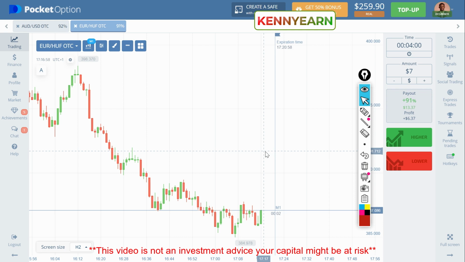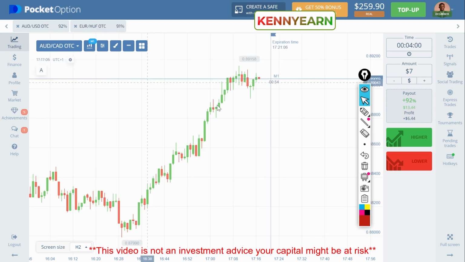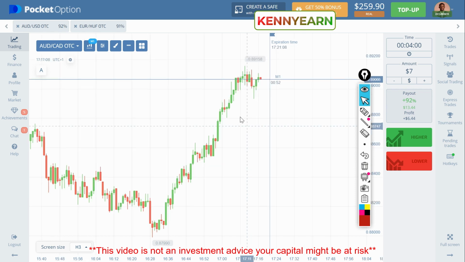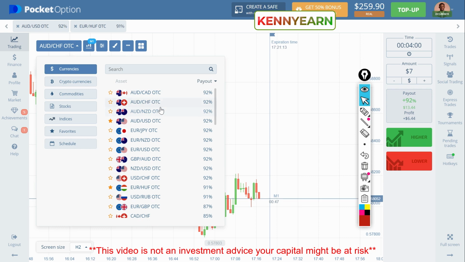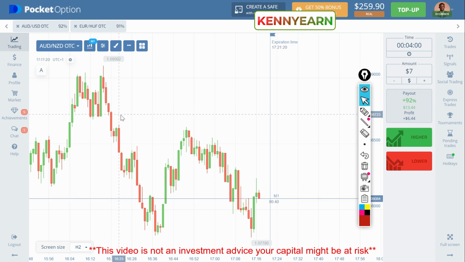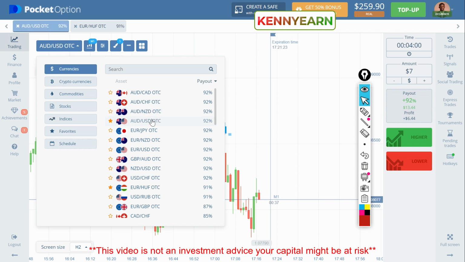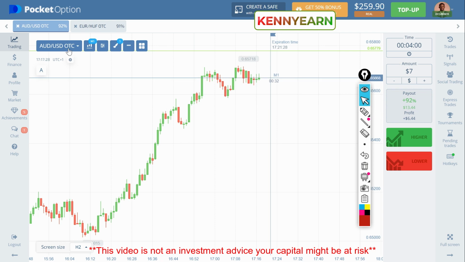Here, the market is kind of consolidating. No clear setup yet. Oh yeah, it's basically consolidation. I'm not seeing a clear market. I'm waiting, looking for a good market to take the next trade.